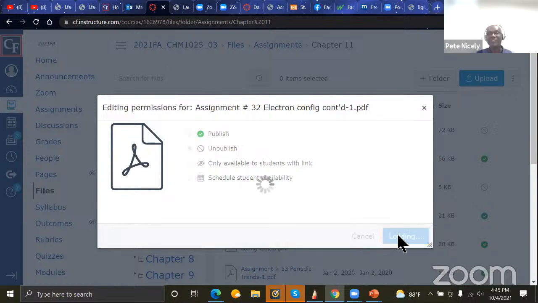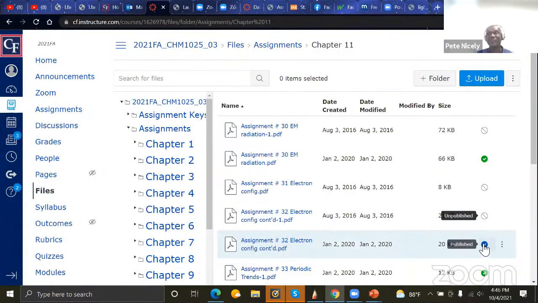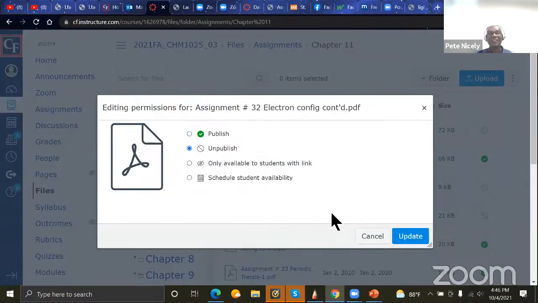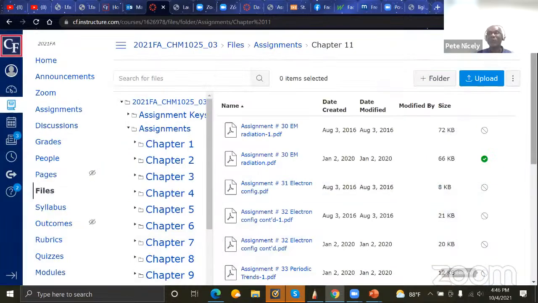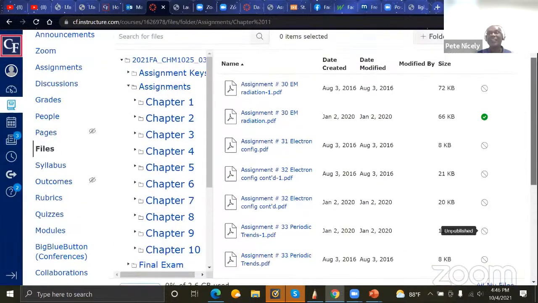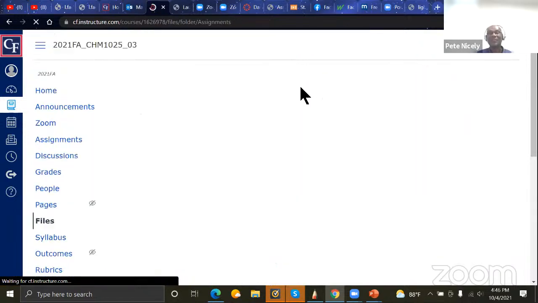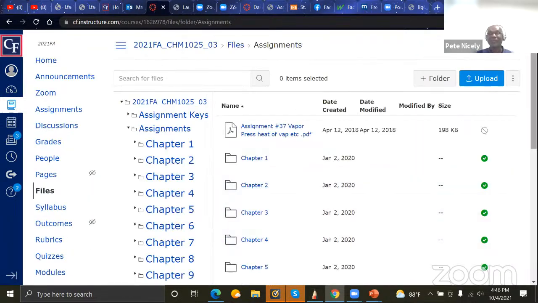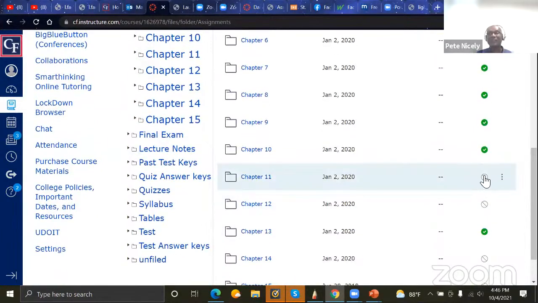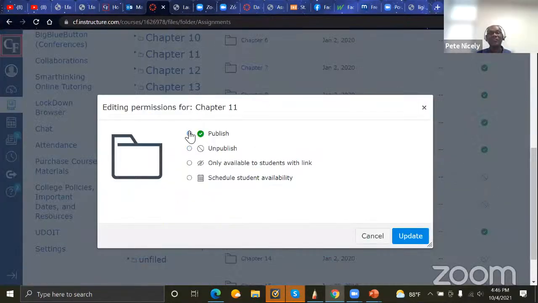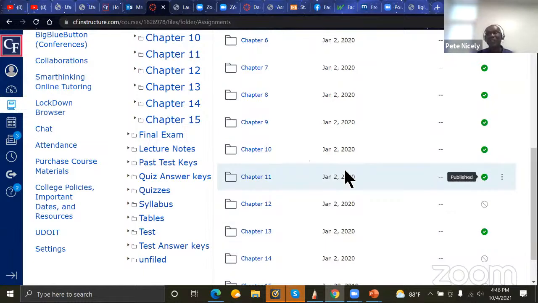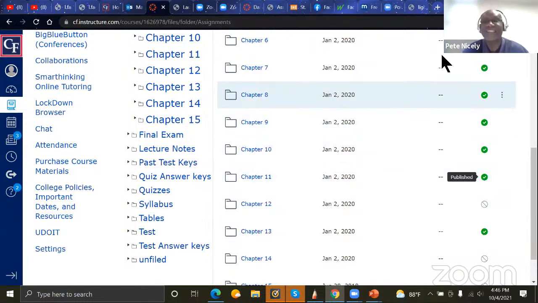I'm going to publish assignment number 30 for you guys to do, because assignment number 30 basically is based on what I just did, looking at the relationship between wavelength, frequency and the speed of radiation. So let me go to assignments here and publish the folder for chapter 11. Okay, so that will be due next week, all right? So please make sure that you do that assignment.